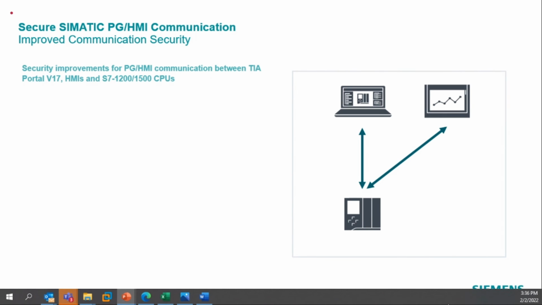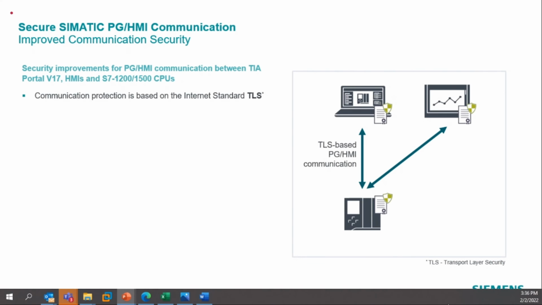With TIA version 17, several security improvements for the communication between the engineering station or PLC station and HMI panels have been introduced. Mainly, the communication is secured by means of the Transport Layer Security protocol, or TLS, widely used in the internet.